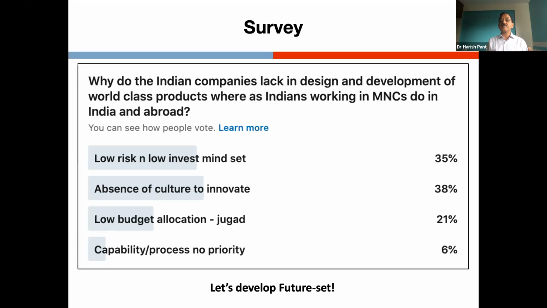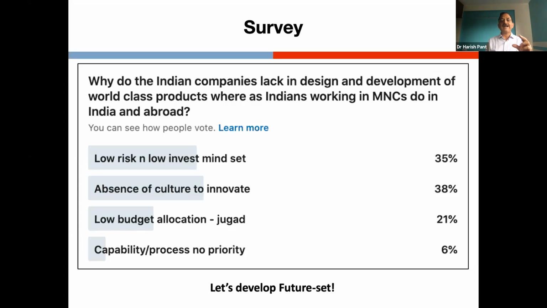This was read by thousands of people on LinkedIn, and the outcome was not out of the way, which even I was expecting. Absence of culture to innovate and a low risk and low investment mindset. These two combined are about 73%, and other factors are low budget allocation and capability and process no priority.